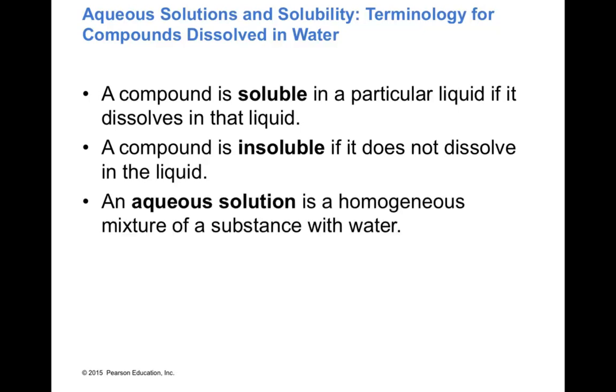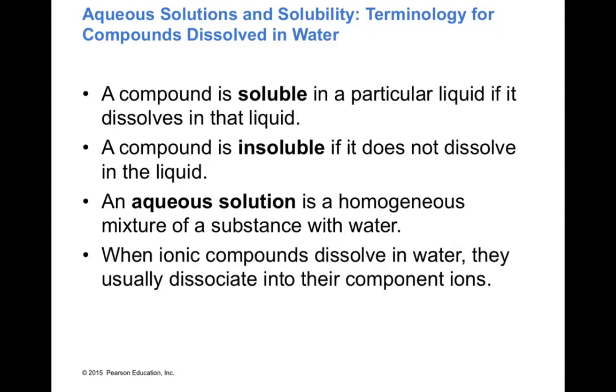An aqueous solution is a homogeneous mixture of a substance with water. And when an ionic compound dissolves in water, it usually dissociates into its component ions. Remember that an ionic compound is a compound that has a cation and an anion.